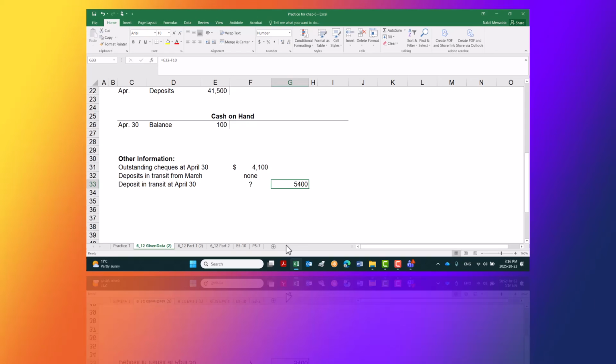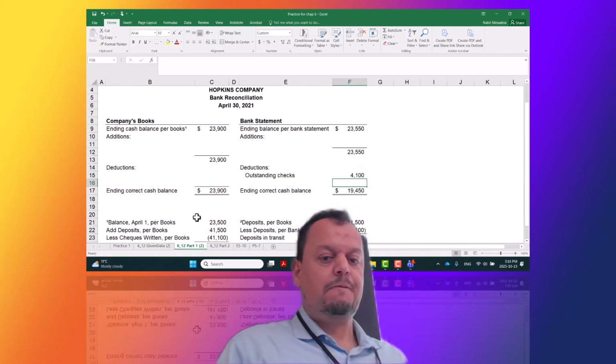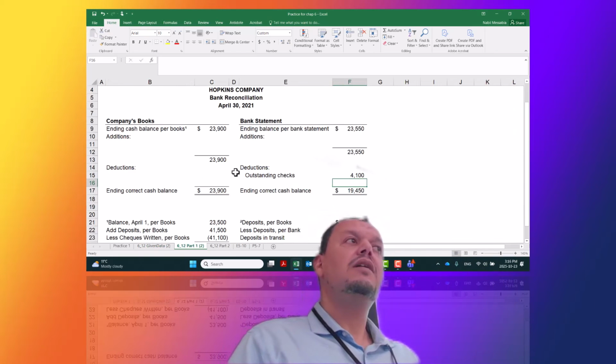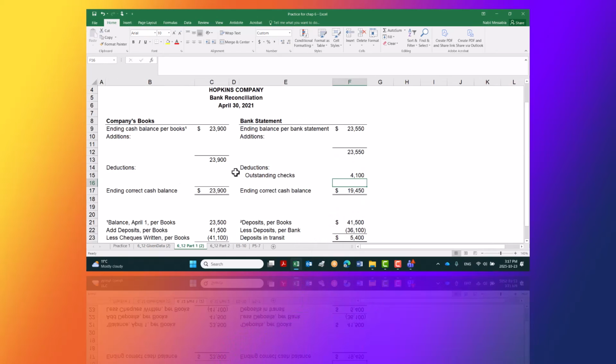We have added this number to our balance, but the bank doesn't. It is not added on the bank statement, right? So on which side of the bank reconciliation should this amount appear?